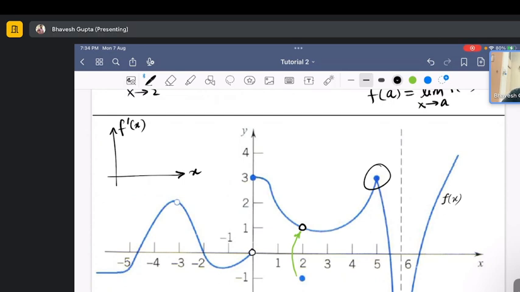In future classes, when we study differentiation more precisely, you will see that your function is defined at x equal to 5, but this might not be true for the derivative. The derivative might not be defined at that particular value of x, so the domain gets changed. The domain of the function and the domain of the derivative can be different, so you have to eliminate such points here.